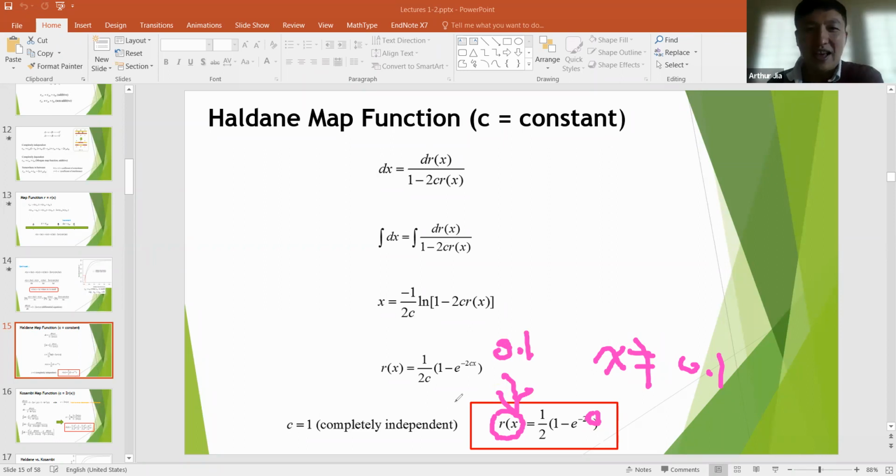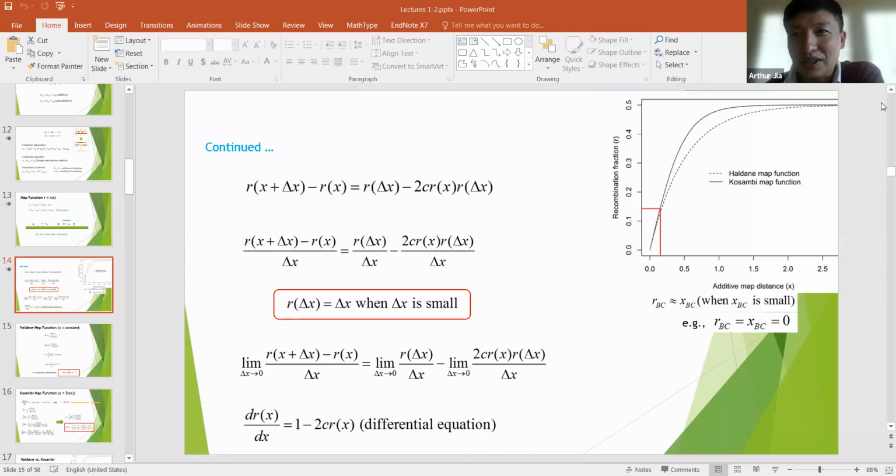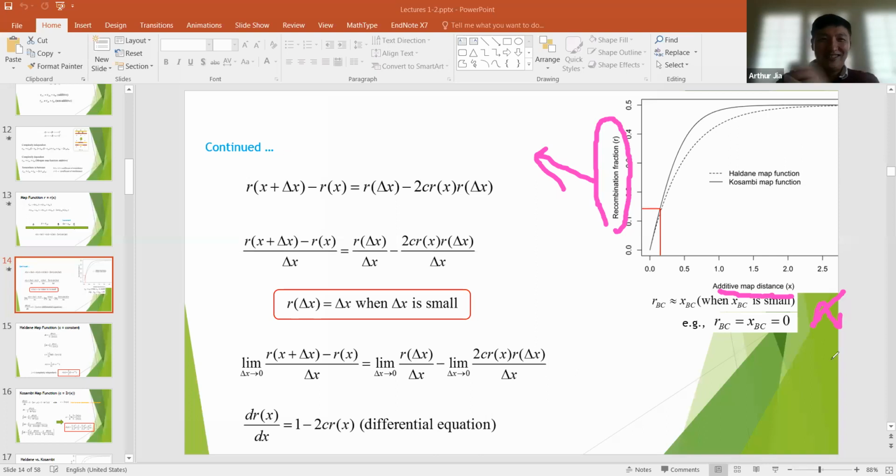The Haldane function tries to find the relationship here, and the Kosambi too. If you look at the X and Y, this is the recombination frequency, which we can estimate from our test cross. But here, this is the additive map distance X. It's not the R. So that's why we cannot calculate R using the Haldane function.